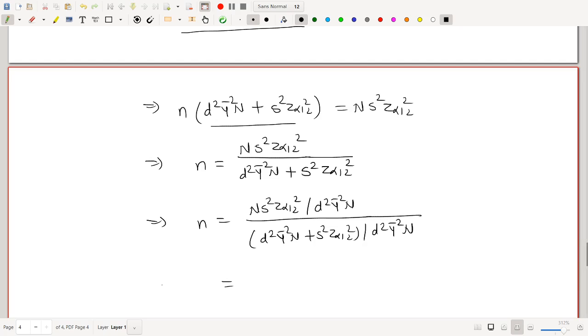So n is equal to, here capital N gets cancelled and S upon Y bar I can write as the coefficient of variation.